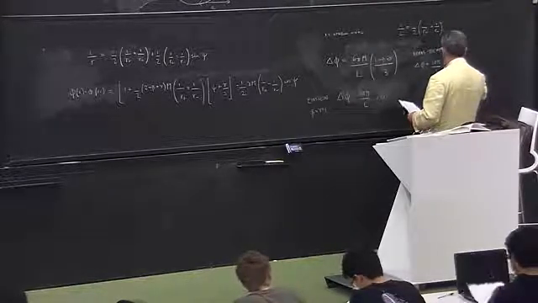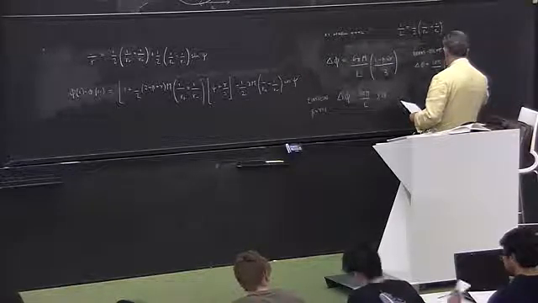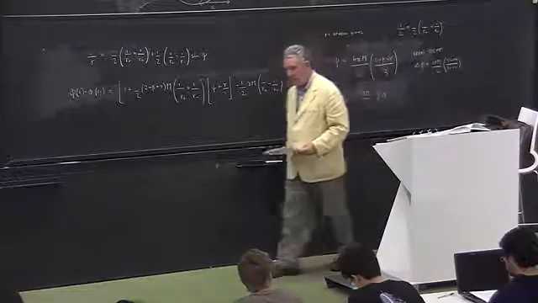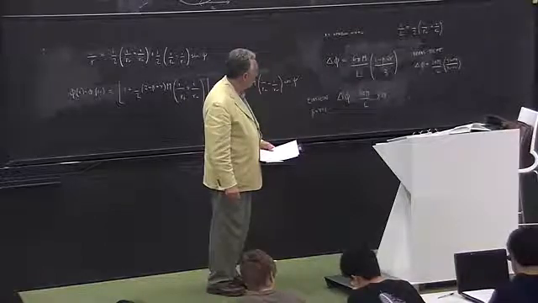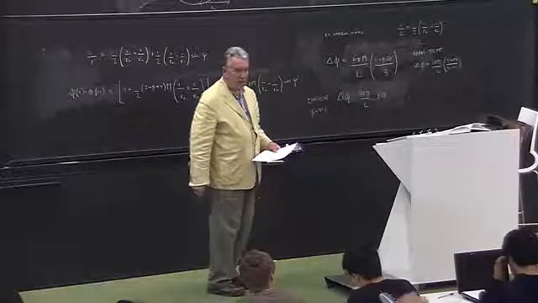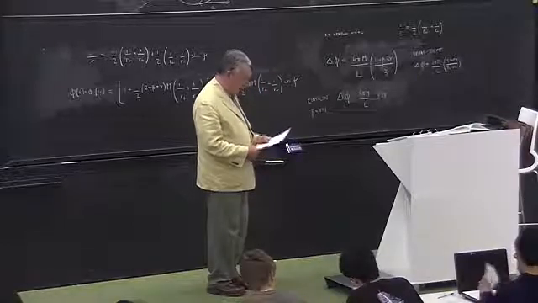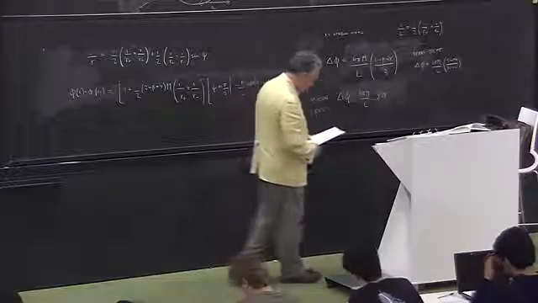It has this parameter omega. So in the limit, omega goes to infinity, it agrees with Einstein, but disagrees otherwise, and experiment favors Einstein.